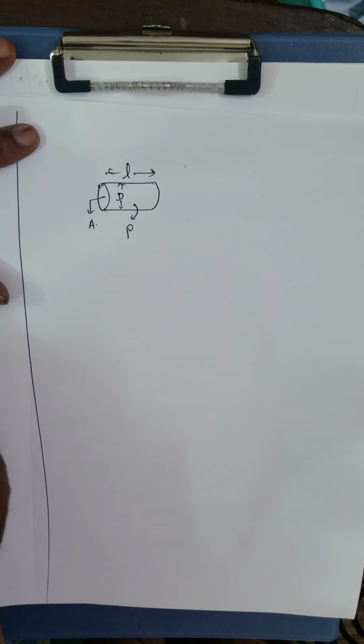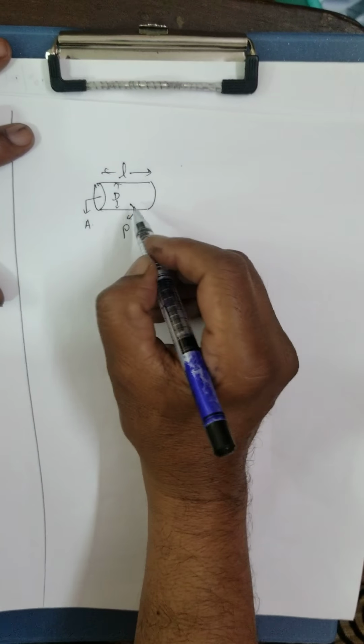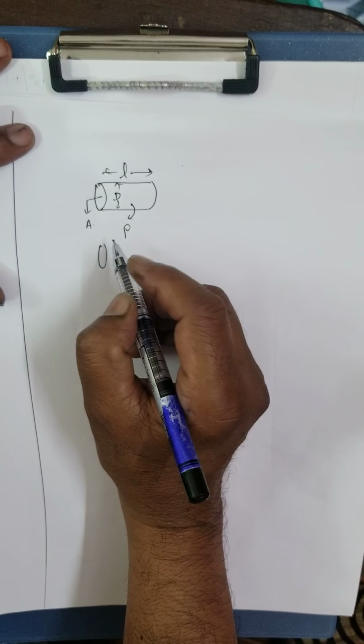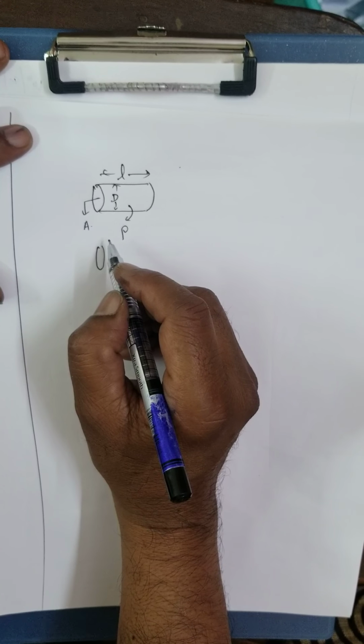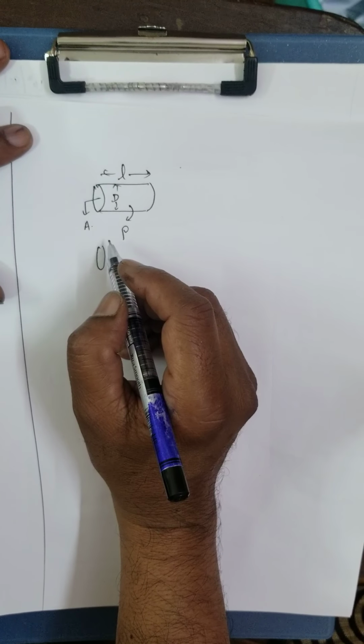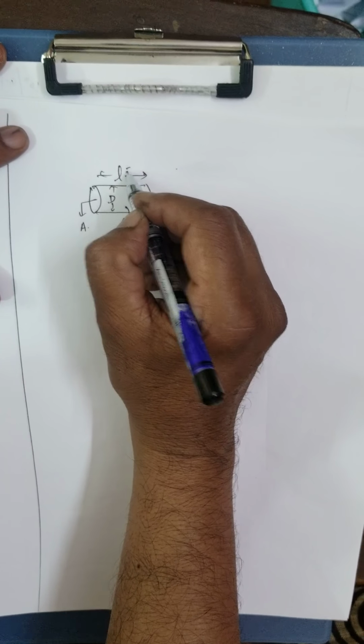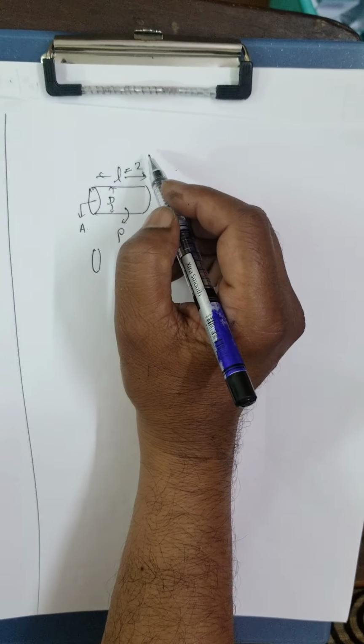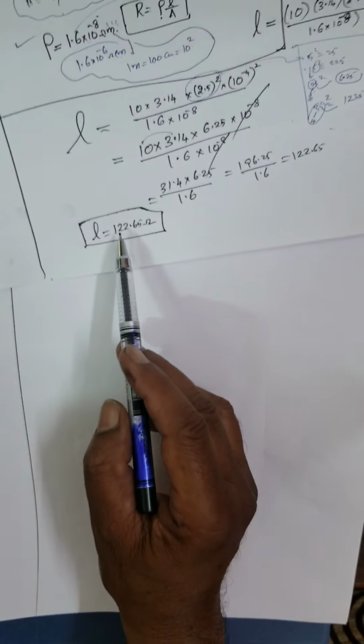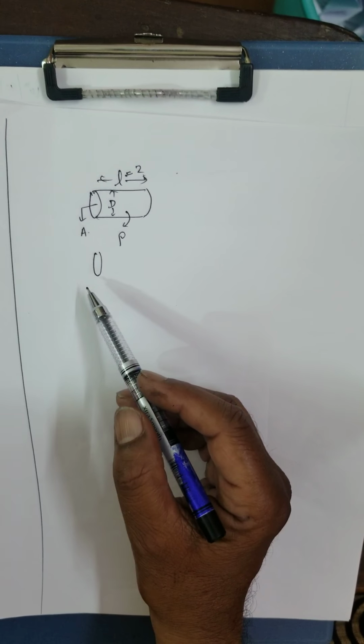So many values they have given. What will be the length of the wire? The length of the wire we got is 122.65 meter, right?